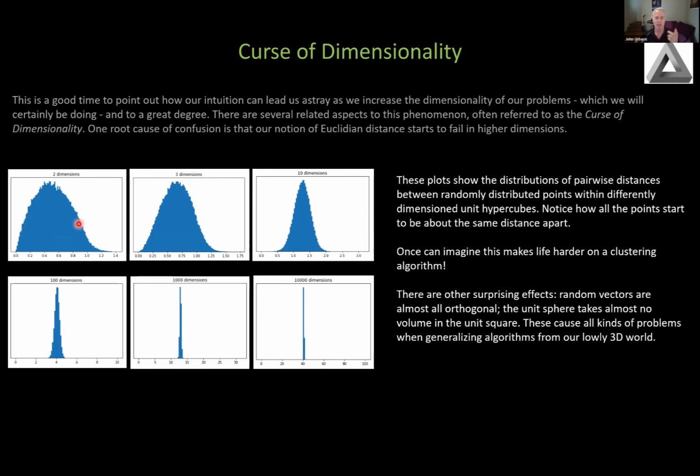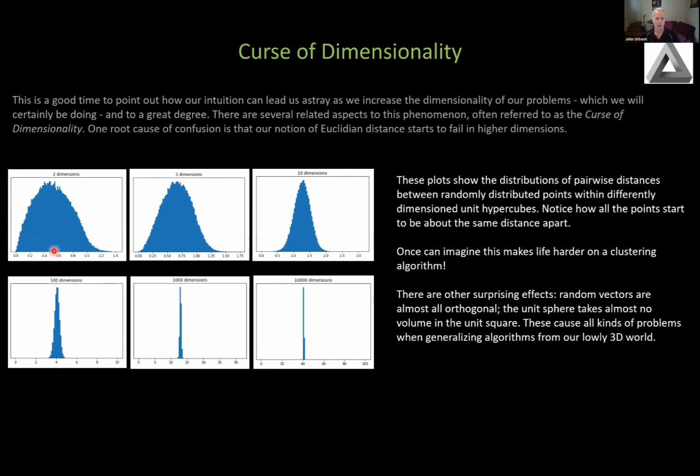You close your eyes, you throw two coins up in the air. You see how far apart they land, right? They're going to land on average about 0.5 meter apart. And you have a bell curve. Sometimes they'll land very close together. Sometimes they'll land near opposite corners, maybe about 1.2 meters apart. But on average, they're going to land about 0.5 meter apart with this kind of distribution.